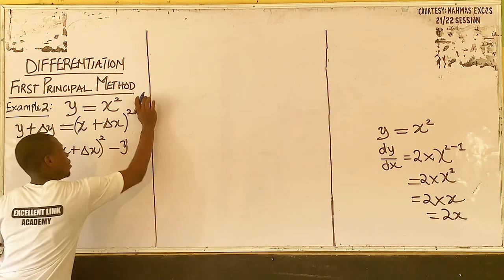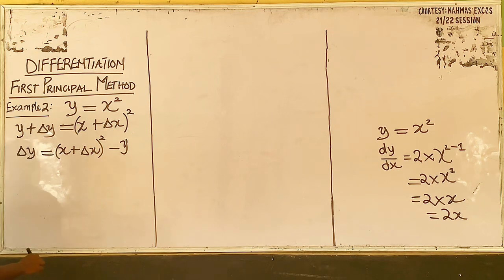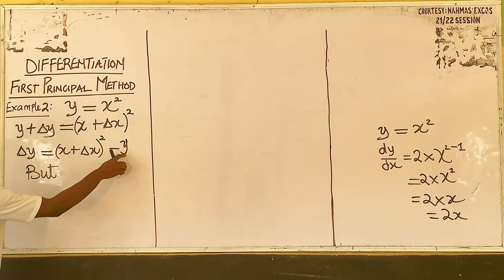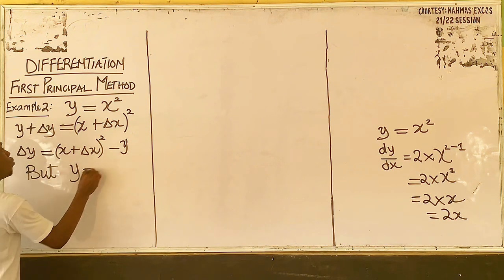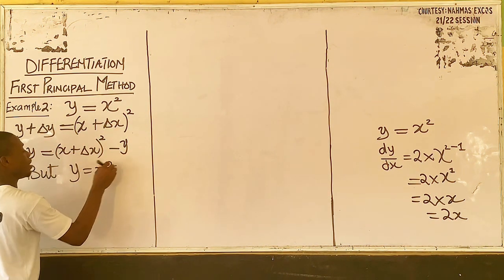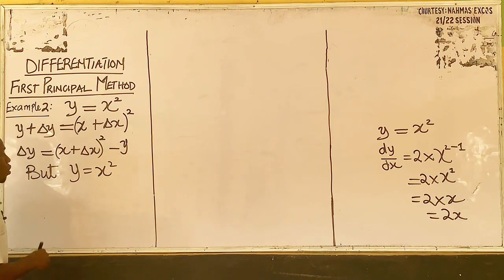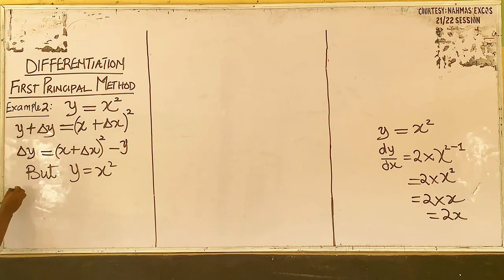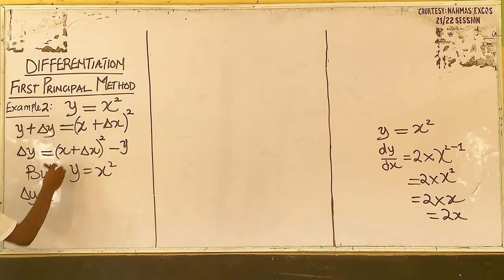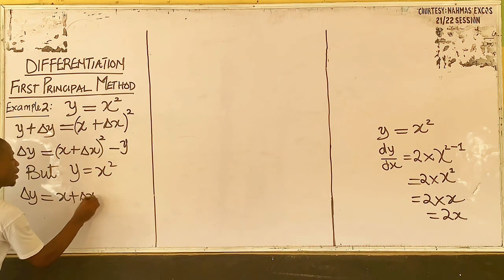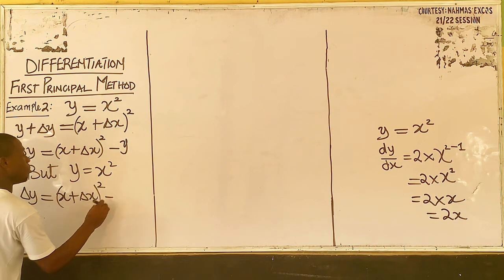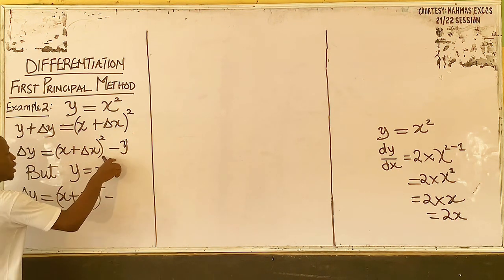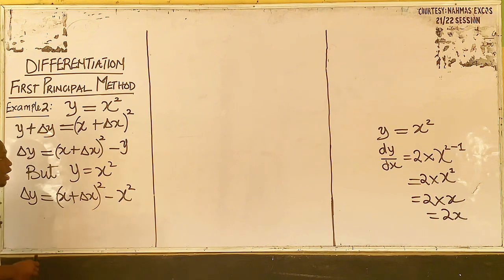All right, proceeding from here, but this y we took from the question was what? x squared. y was x squared from the question, right? So as easy as that, I'll just substitute the value of y as being x squared here. So I'll have change in y is equal to x plus change in x all squared minus, what's your y here? y is x squared, as easy as this. So I have this one here.